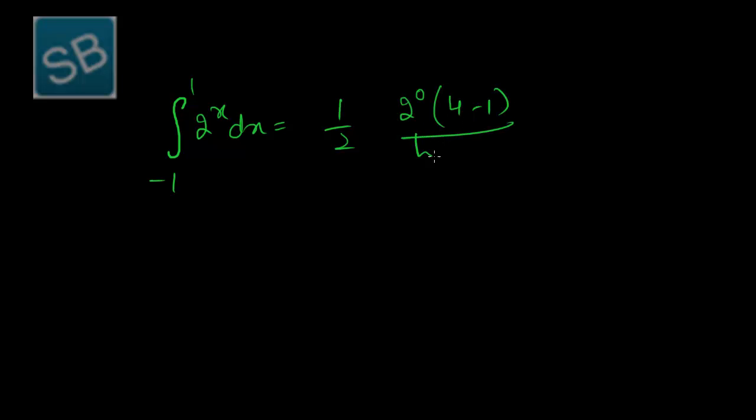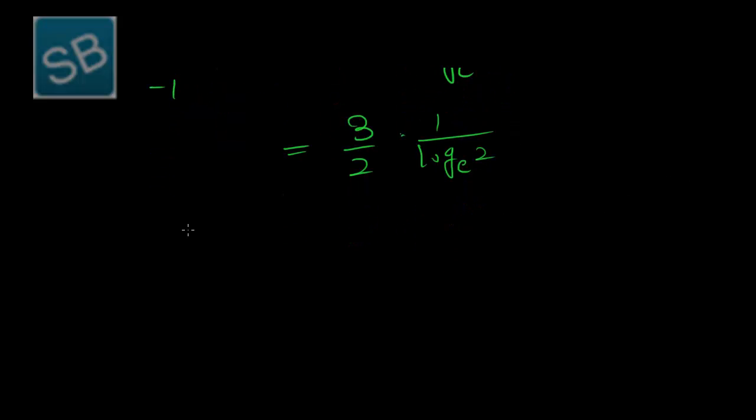So we get integral minus 1 to 1, 2 raised to power x dx is equal to half limit 2 raised to power x, 2 raised to power 0, that is 4 minus 1 over log e 2. So we get 3 over 2 as 2 raised to power 0 is 1 into 1 over log e 2.